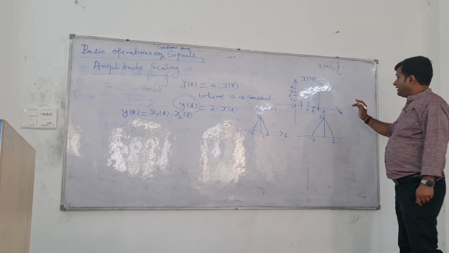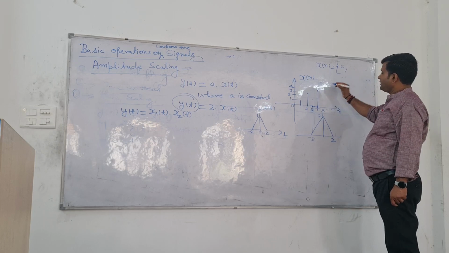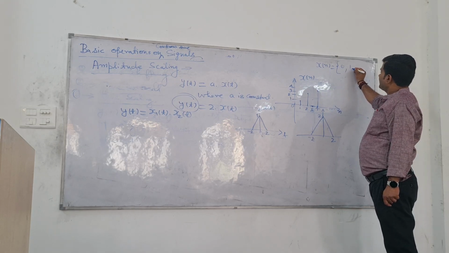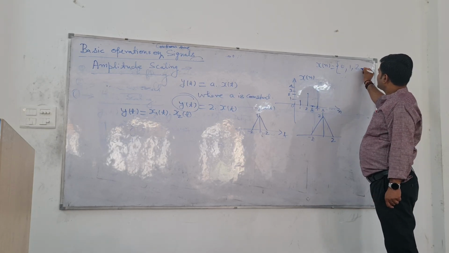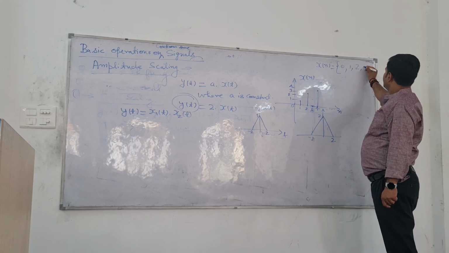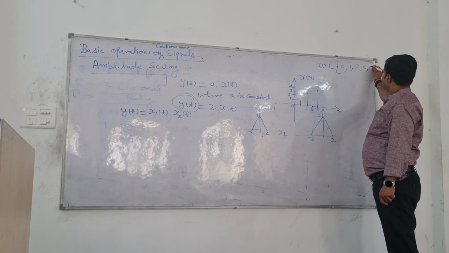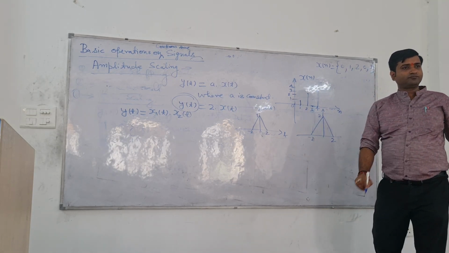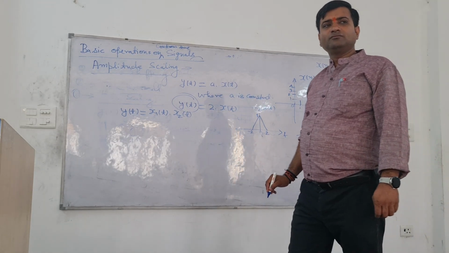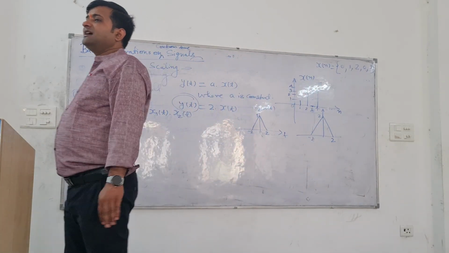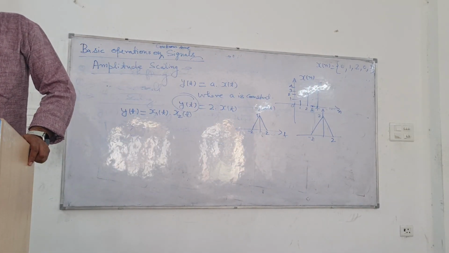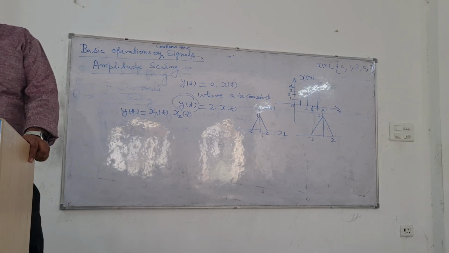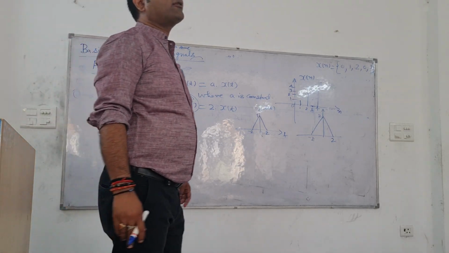You have x[0], x[1], x[2], 0, and x[4]. This is the representation of discrete time signals in the form of a sequence.